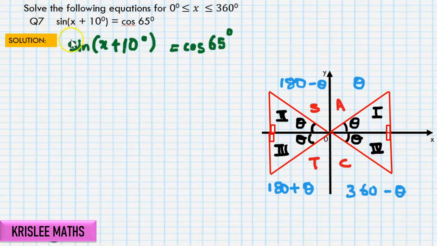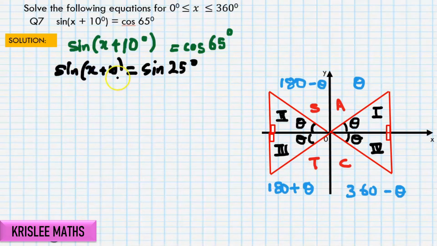Okay, question 7. Sine of x plus 10 equals cos 65 degrees. Now remember, cos 65 degrees equals, the cofunction of cos is sine, and the complementary angle of 65 will be 25. So now we have sine of x plus 10 equals sine 25 degrees.